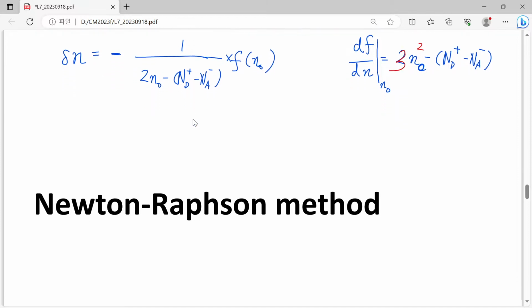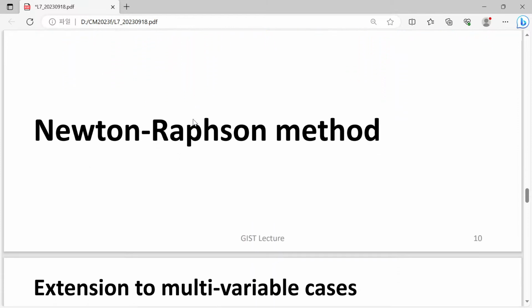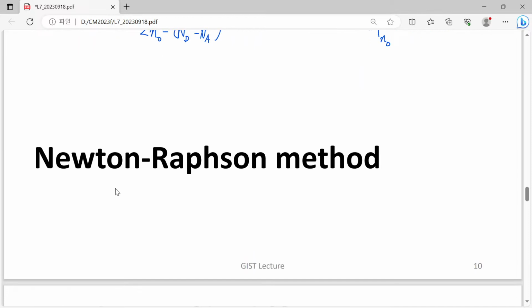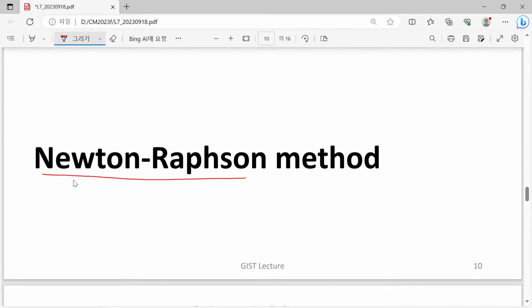And now the remaining part of our lecture will be devoted to the Newton-Raphson method. Newton method was applied to a single variable problem.